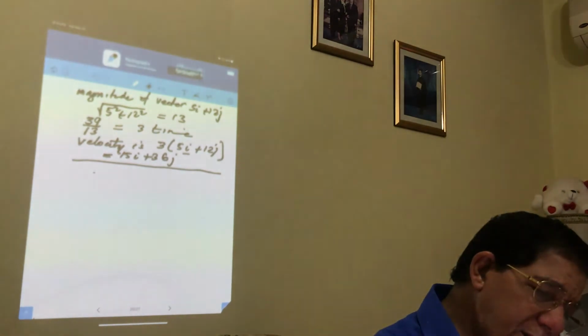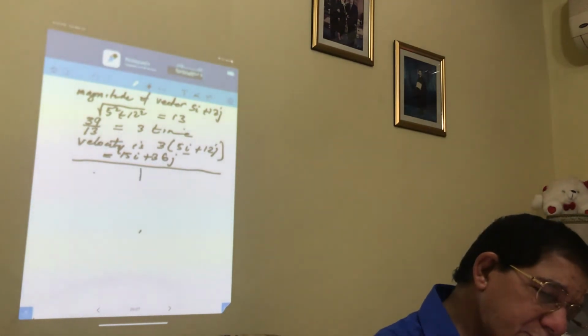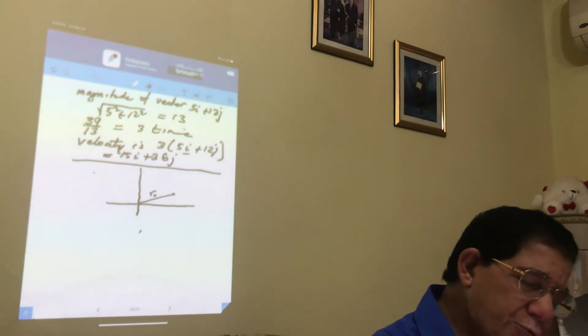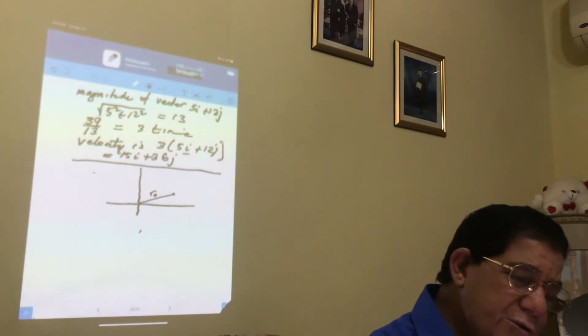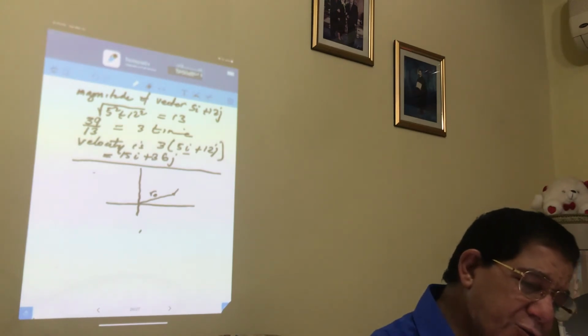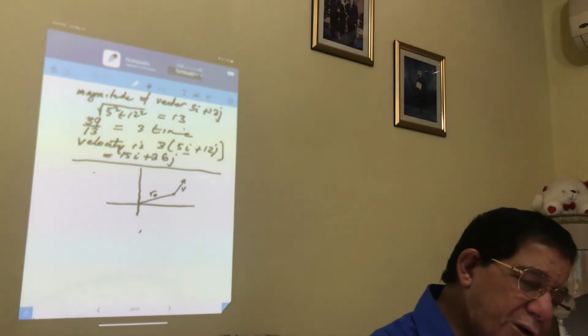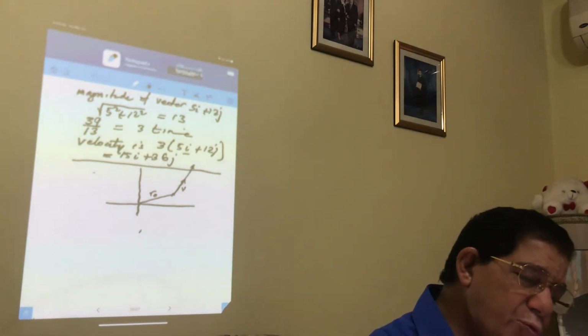If a particle is initially at a position, called R0, and is having a velocity v in that direction, after a time t it moved a vector vt.